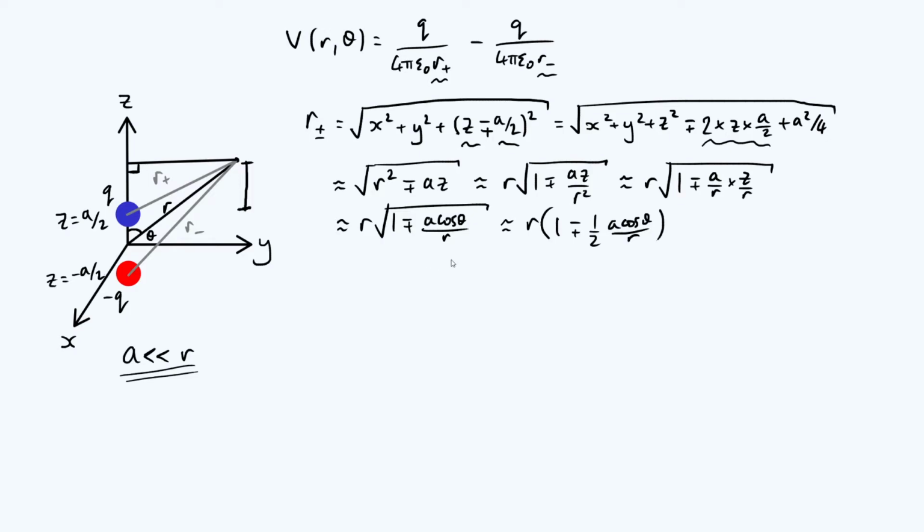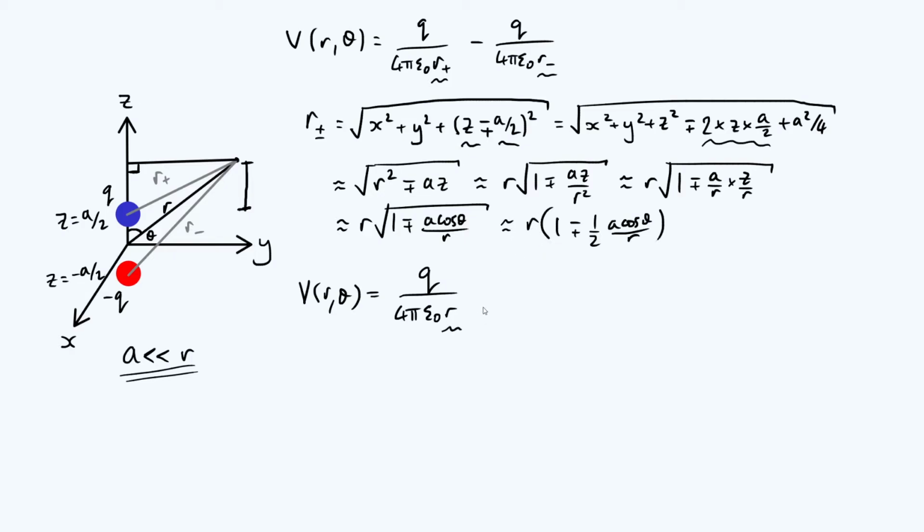Right, so we now know r plus and r minus in terms of r and theta. So let's plug those back into our expression for V of r and theta. So V of r and theta, remember that was what we wrote at the top there, okay? It's going to have a common factor. If you look at those two terms, it's going to have a common factor of q over 4 pi epsilon naught r, right? Because r plus and r minus, they both have a prefactor of r.